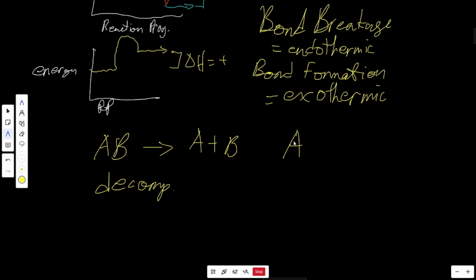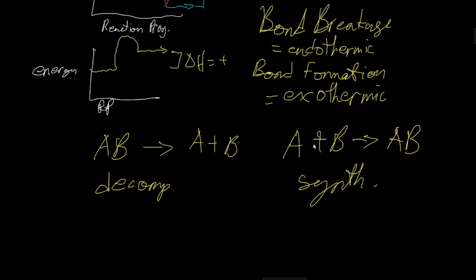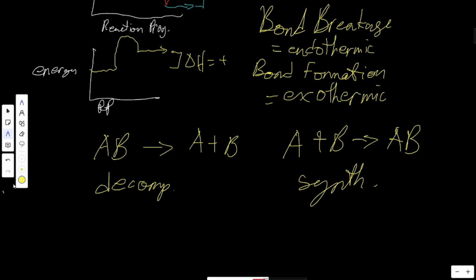Let's reverse this. A plus B turns into AB. This is a synthesis reaction. The synthesis reaction forms more bonds than it breaks. So this is exothermic. Again, let's indicate it here with our pen. This is positive enthalpy. This is negative enthalpy.